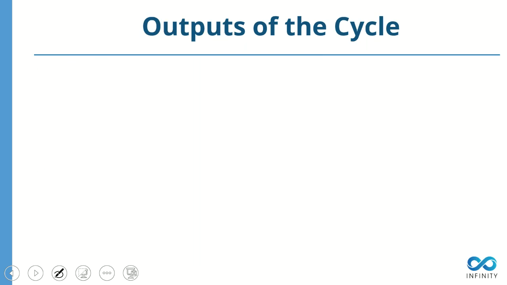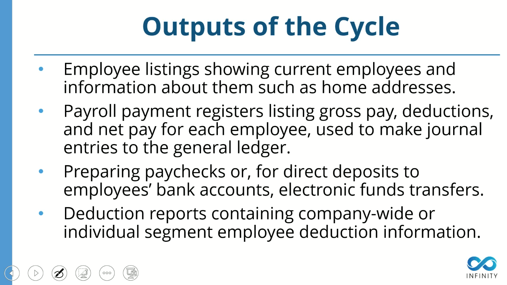And the output of the HR cycle, human resource cycle, is going to be employee listings showing current employees and employees who left your company. Your payroll register, how much salary is paid to each and every person, what is his gross pay, how much is the deduction every month, if anything is there.